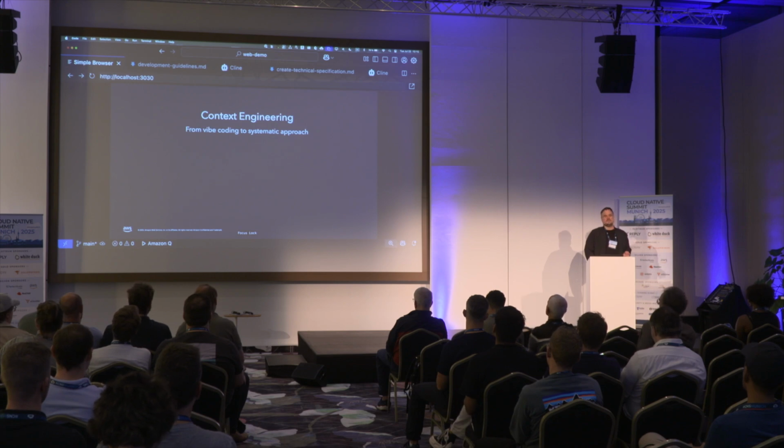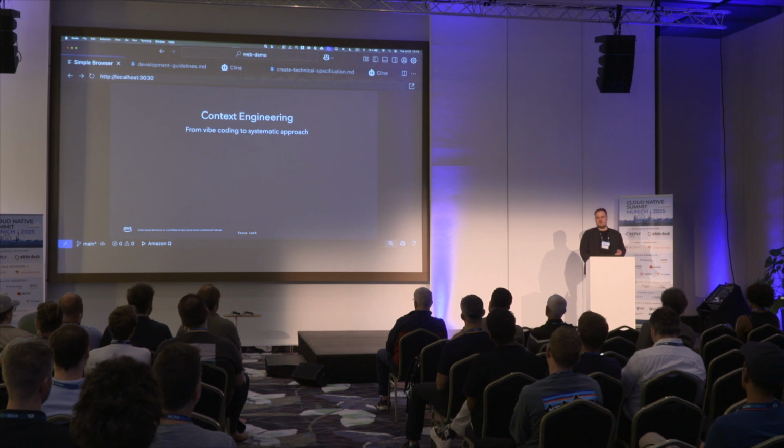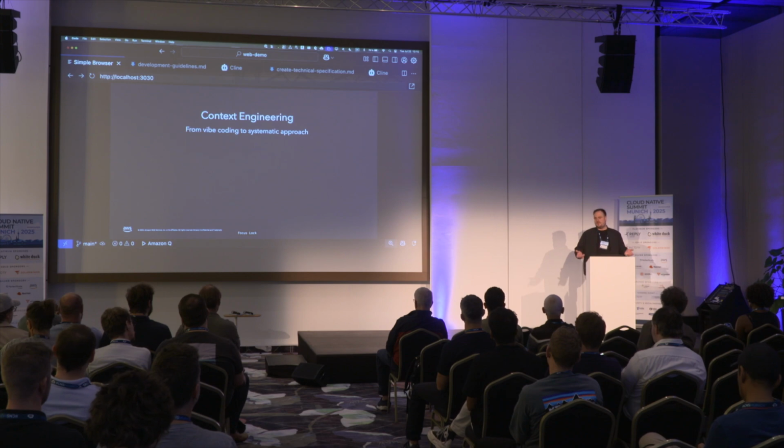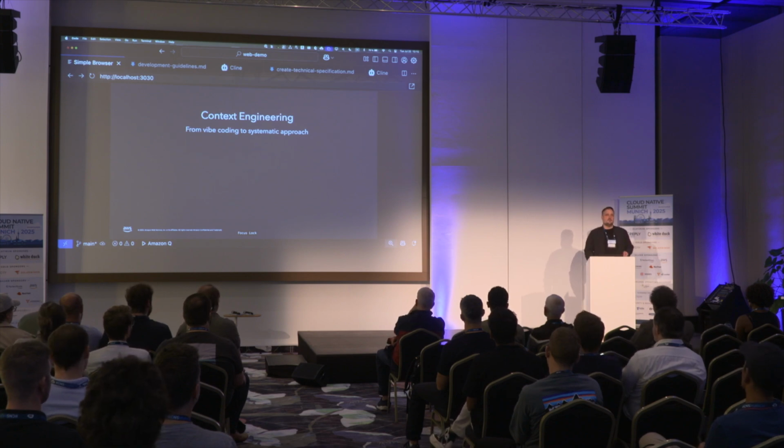That's because we were missing something, and the something has a name now in the community. Many people did it before that, but as you always know, some people already figure things out, and somebody else names it. So one part of the equation is context engineering.